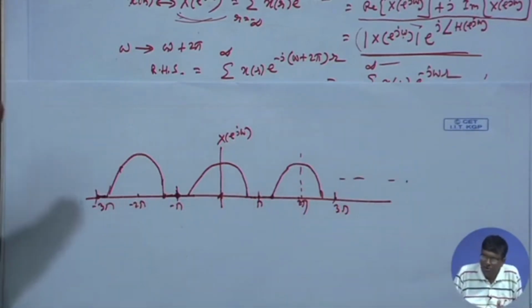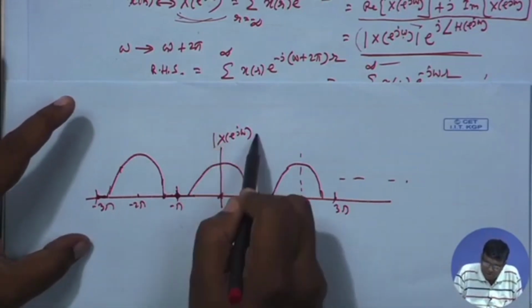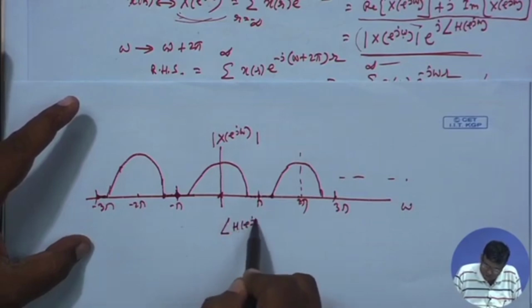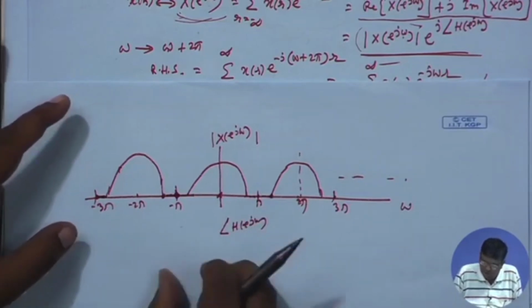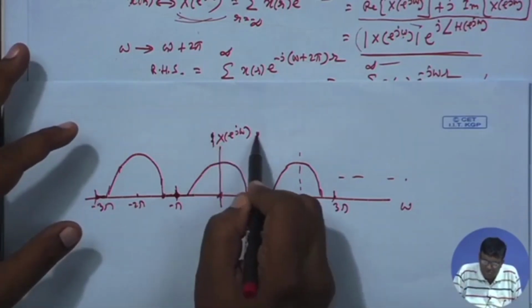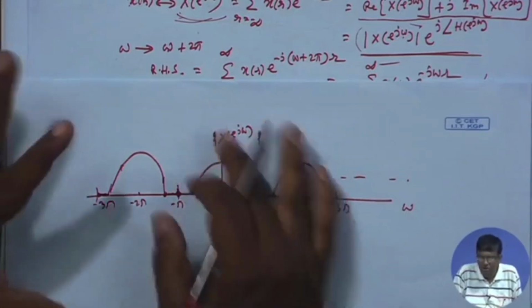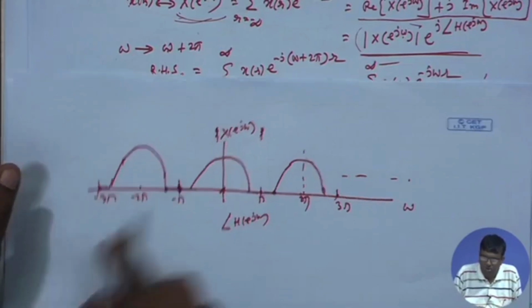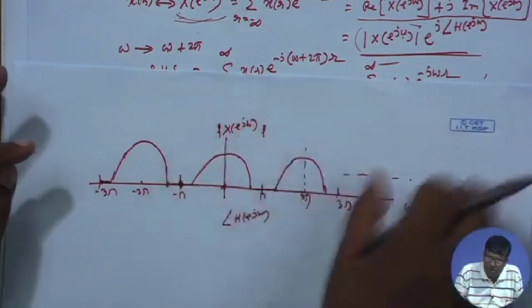It is a periodic function of omega. Normally, it should be magnitude versus omega and parallelly phase versus omega. Another plot phase versus omega, both will be periodic over omega over a period of 2 pi. Normally, we do not put a magnitude, sometimes just write this to indicate that I am indicating both, but that is actually technically wrong, because I should have magnitude separately, phase separately.